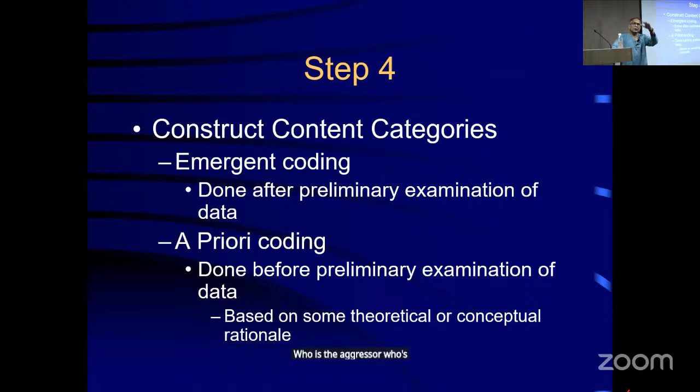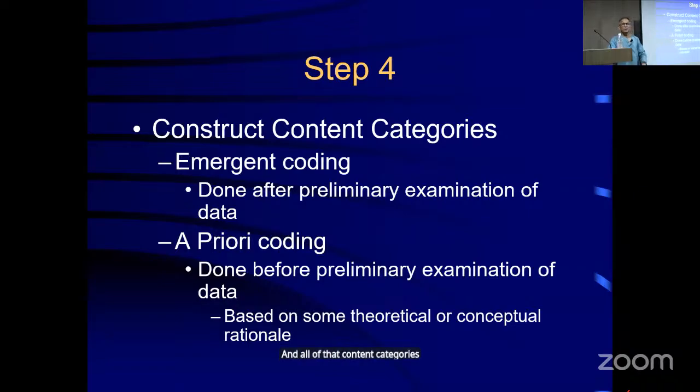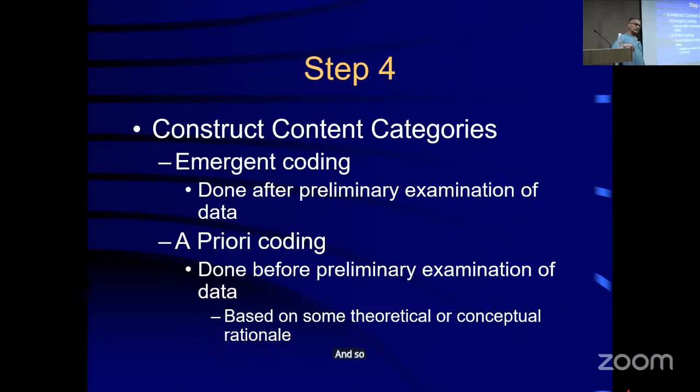You can get a lot of information on all the speaking parts. All of those content categories you keep: under gender, male or female, you'll enter either male or female. Under aggressor and victim, you will have two categories there. So content analysis can get very specific and very complex, but the idea is very simple.